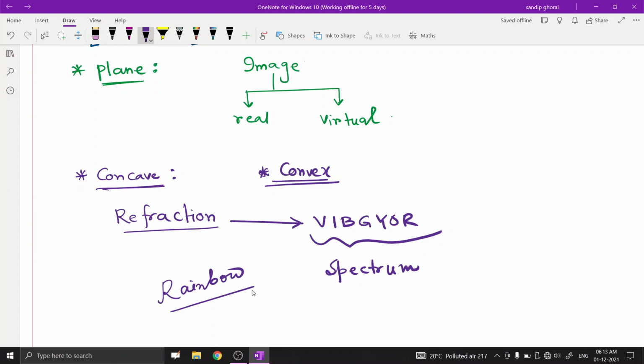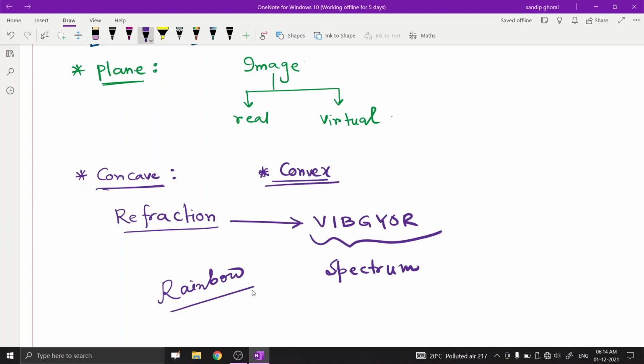You have to know the different terms related to convex and concave mirrors, and the two types of image, real and virtual, and the differences between real and virtual images. Also know what refraction is, how it occurs, and the rules of refraction of light.